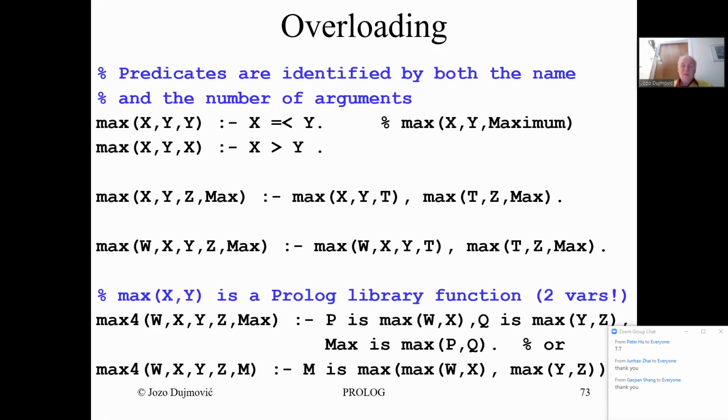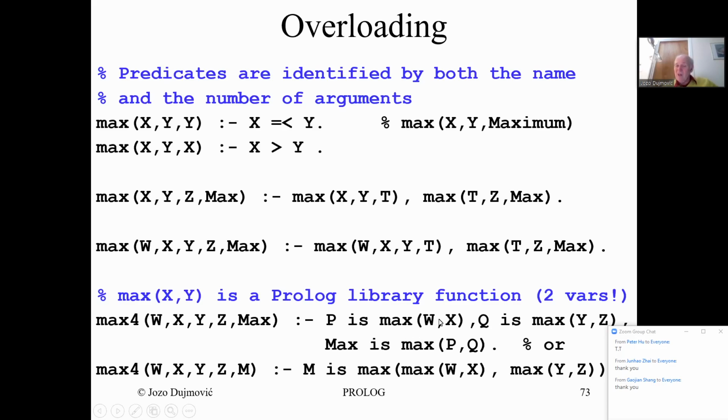So by using library function max, you have that this maximum of 4 variables W, X, Y, Z is max. If you compute temporary variable P, which is maximum of W, X, and Q, temporary variable, which is maximum of Y, Z. So you see that here you have ease.